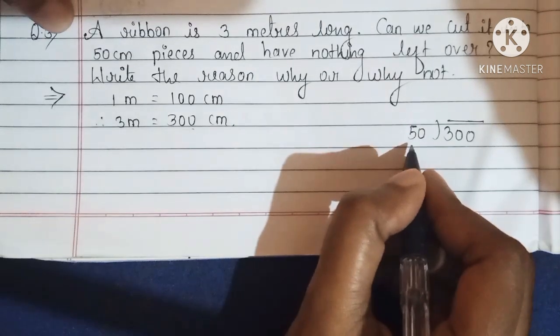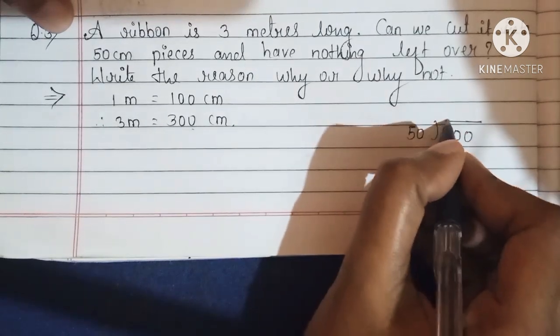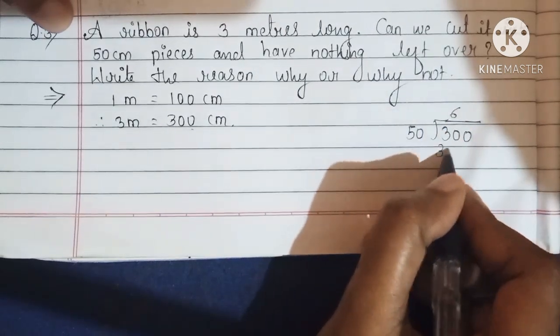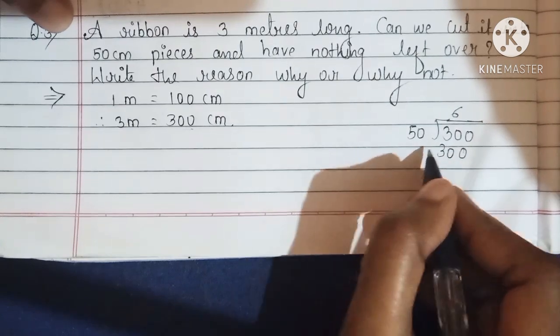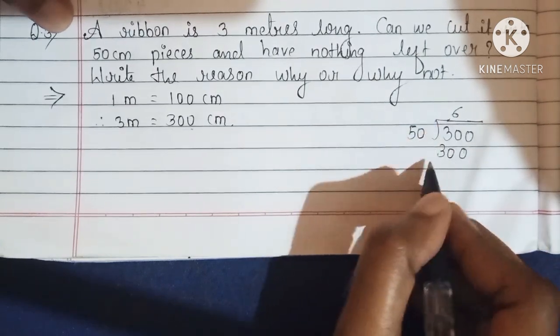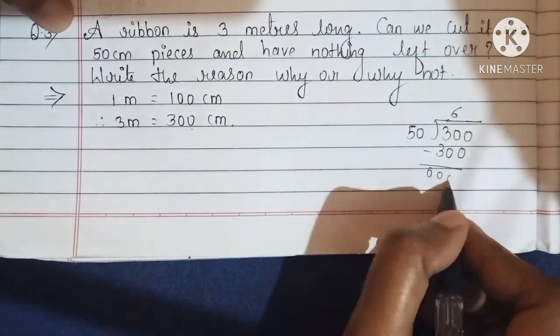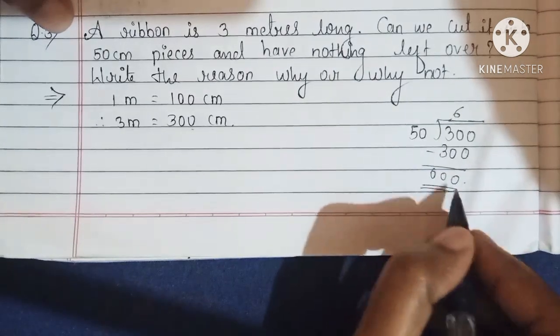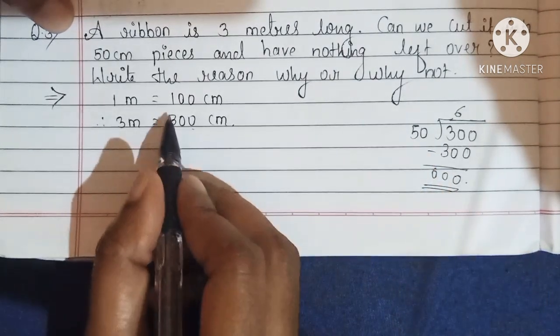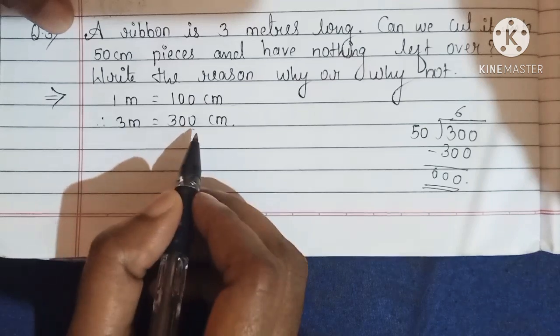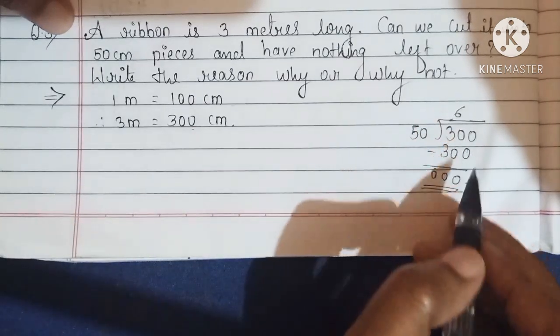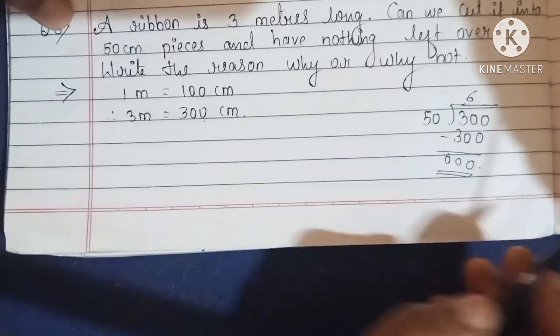Okay, here we can use a table of 5, that is 5 6s are 30. Only thing you have to put 1 zero, or you can say 5 6s are 300. Yes, the remainder is 0 over here. That means we can cut this 300 centimeter length of ribbon into 6 pieces and nothing will be left over.